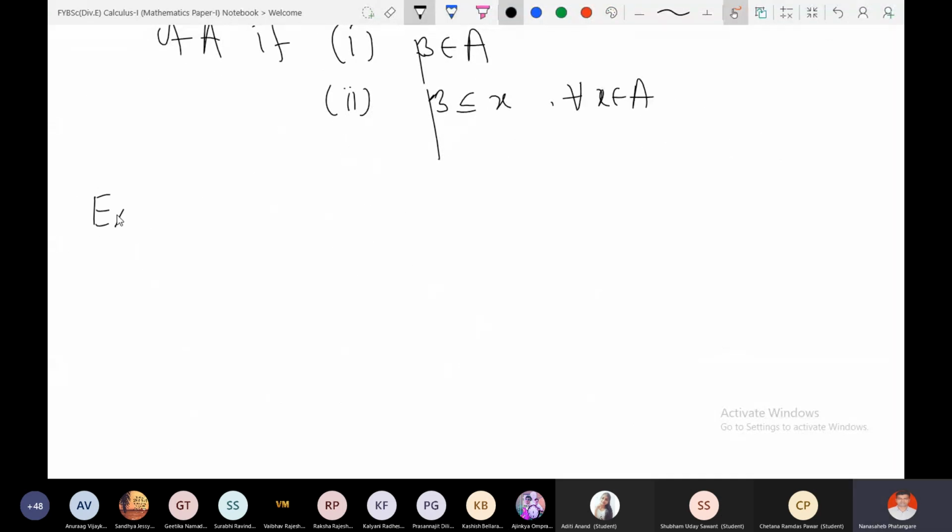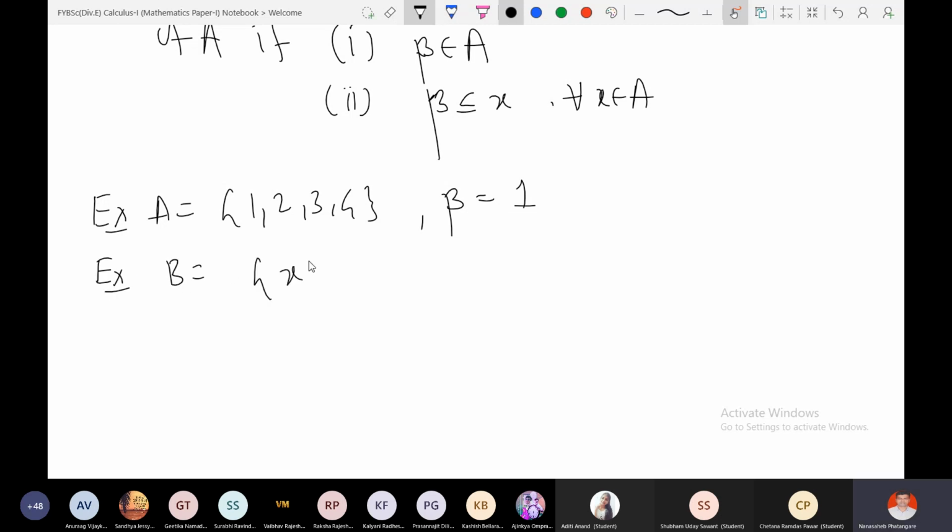So similar arguments you can make for this. For example, if A is equal to {1, 2, 3, 4}, then beta is 1. 1 is a minimum element. If I take set B is equal to the set of X such that 0 less than X less than 1, then there is no minimum element.